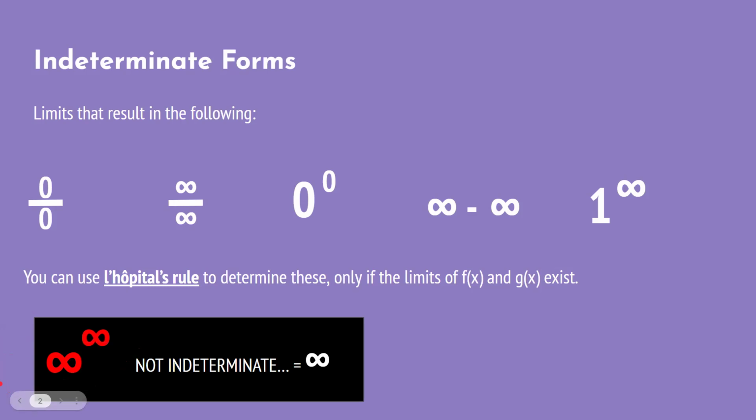Now, when you got these as answers when doing limits in Calculus 1, we probably just stopped right there. But this time we can use something called L'Hopital's rule. It's like, okay, too bad, we actually can solve this. You might have learned about it before, depending on if you took AP Calculus or something, but maybe not.